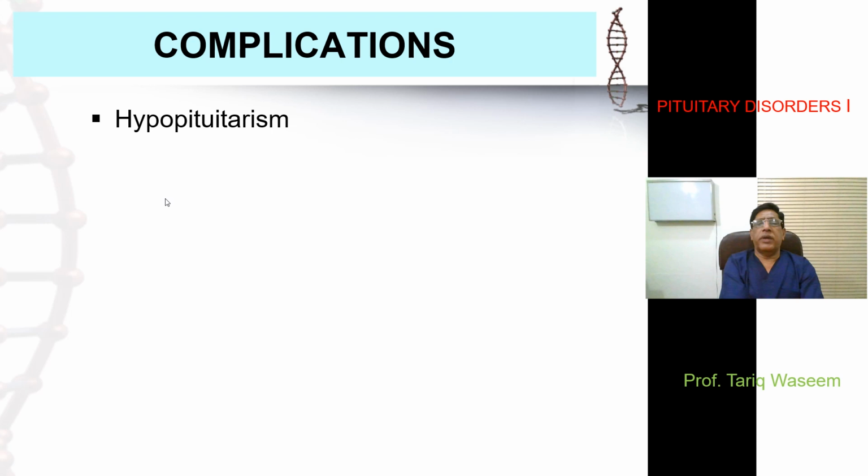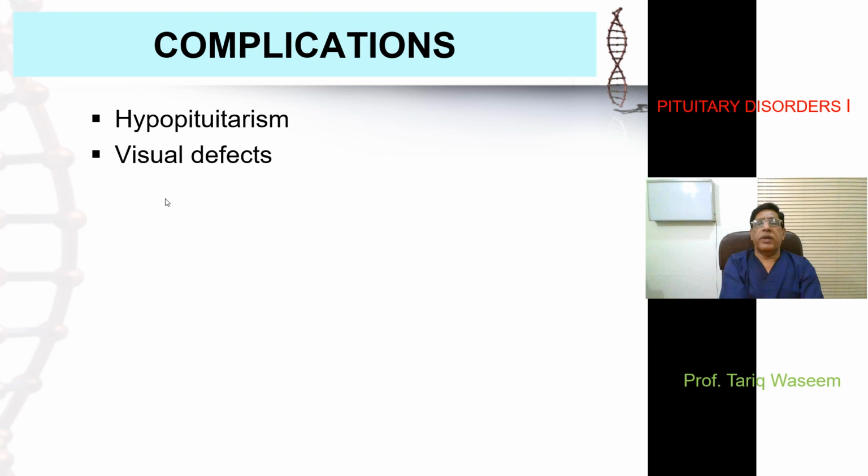So on one hand, there may be increased production of growth hormone, but simultaneously there may be suppression of TSH as a result of compression, or suppression of FSH, or other features of hypopituitarism. Sometimes the tumor may develop necrosis as a result of increased growth, and then may present with clinical features of acute hypopituitarism.